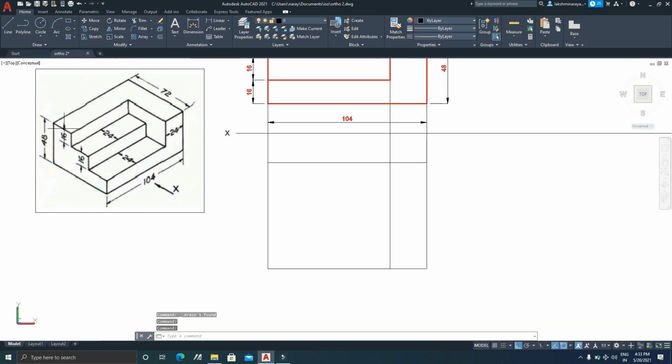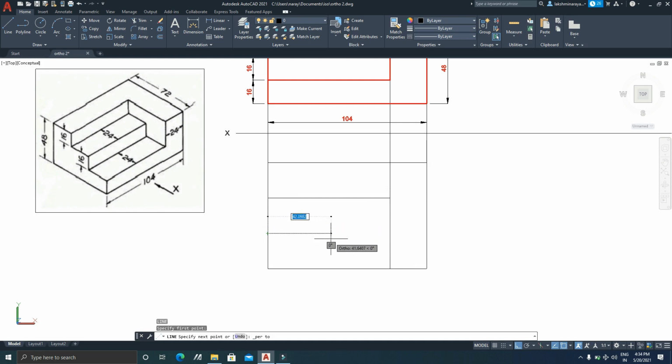If you observe the top view, from this point to this point the distance is 24, and from this point to this point the distance is 24, from this point to this point, the distance is 24, right? Measure 24 mm vertical distance from this point, and from that draw a horizontal line up to this projector. From this point, measure a distance of 24 mm.